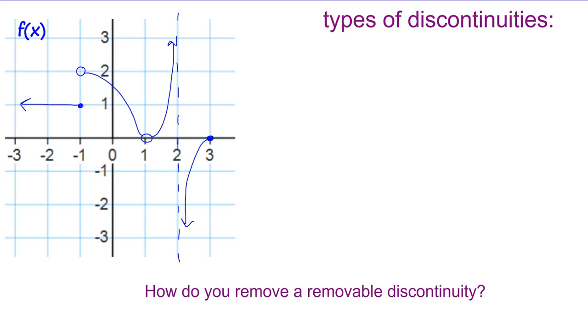Okay, now I'm going to talk about 3 types of discontinuities, and I'm going to use casual descriptions, not technical descriptions. And each of these kinds of discontinuities are represented in this graph. So one type of discontinuity is a hole in the graph. So notice right here at x equals 1, there's a hole in the graph.